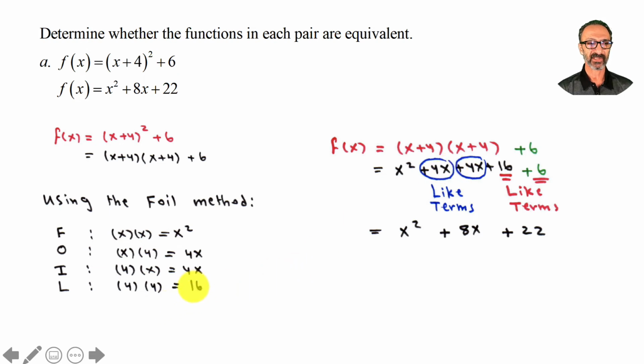This gave me 16, but originally I had a 6 right there. I don't want to ignore it. Those are like terms also. 4x and 4x is 8x, 16 and 6 is 22. And now I need to look, because that is the final answer for the first equation or function. Then I say, yes, they are equivalent. I have the same terms.